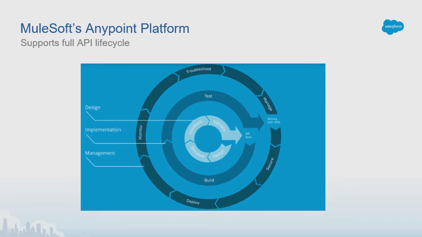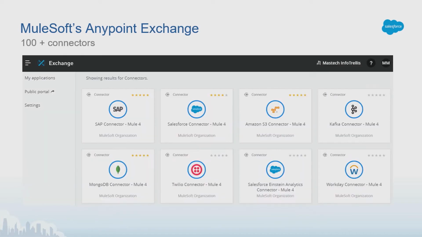MuleSoft, I hope you already know this, but the MuleSoft Anypoint platform supports the full API lifecycle from design to development, testing, and deployment. It supports hybrid deployments. And also, it provides the ability to manage, monitor, you name it, the full API lifecycle.